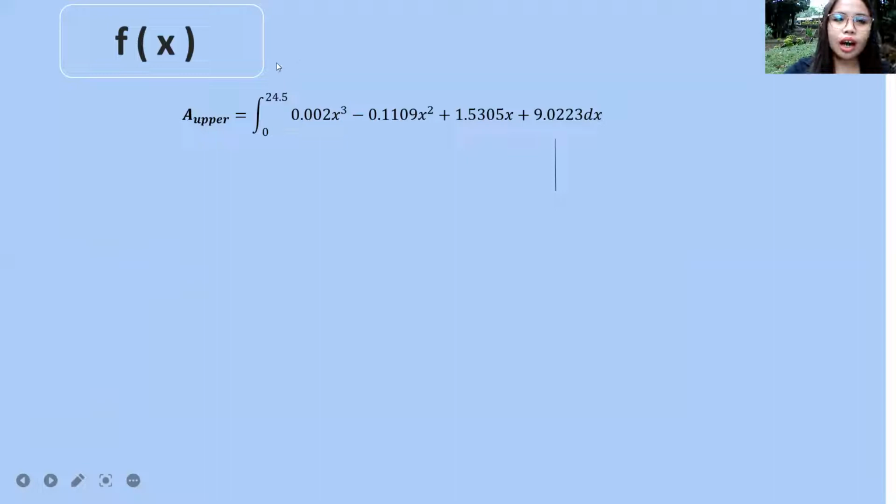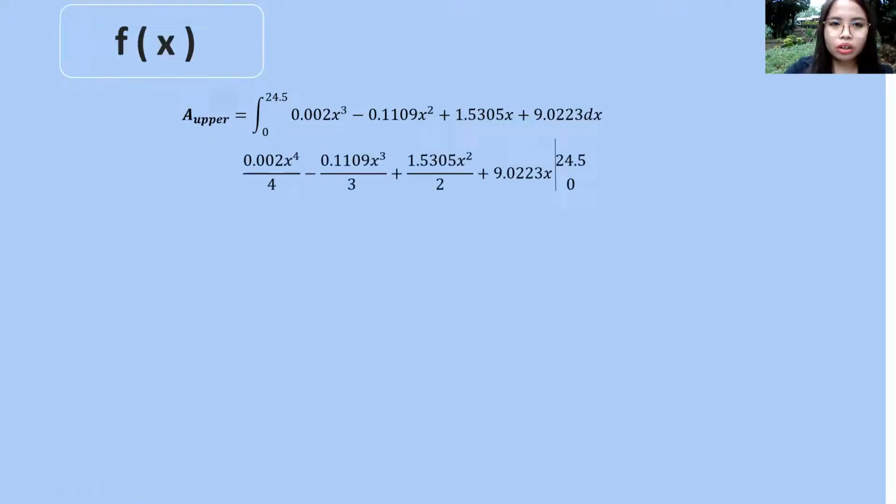We have the integral of 0.002x cubed minus 0.1109x squared plus 1.5305x plus 9.0223 dx evaluated from 0 to 24.5. So why 0 to 24.5? Because this is the measurement, or the width, of our leaf.